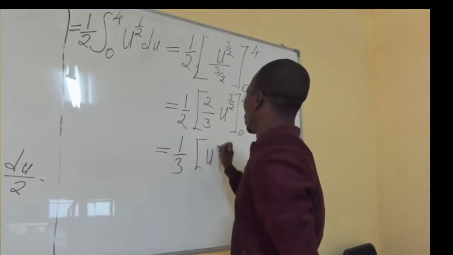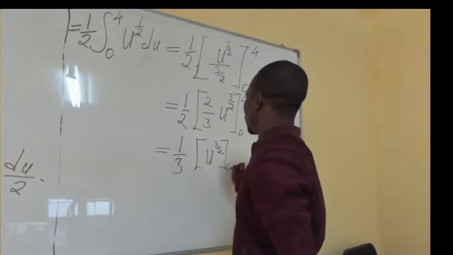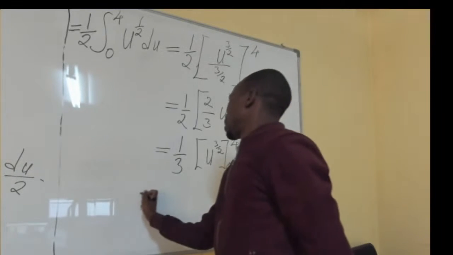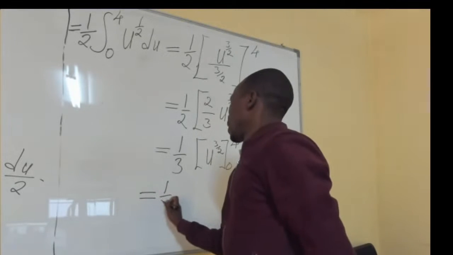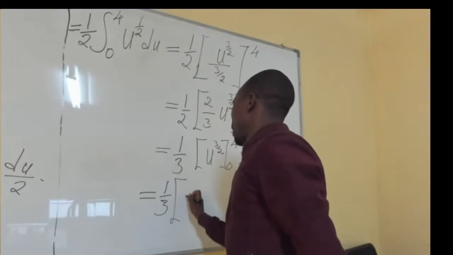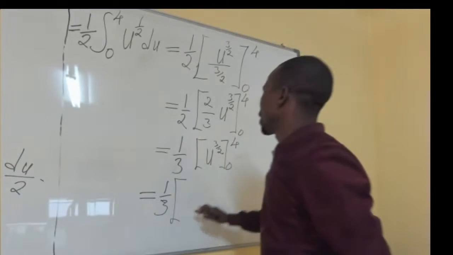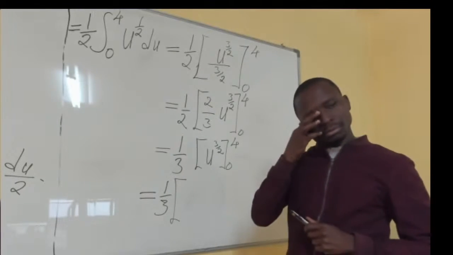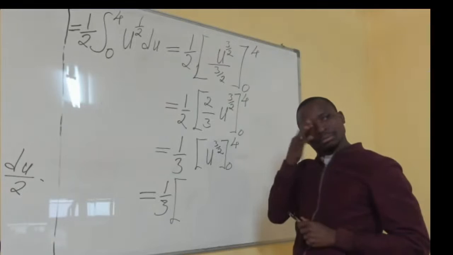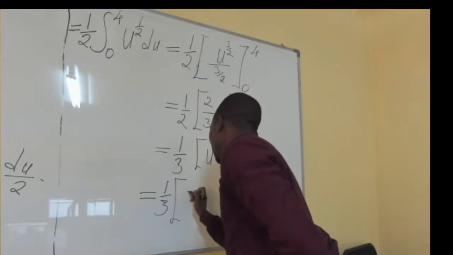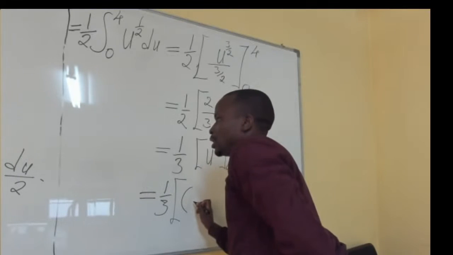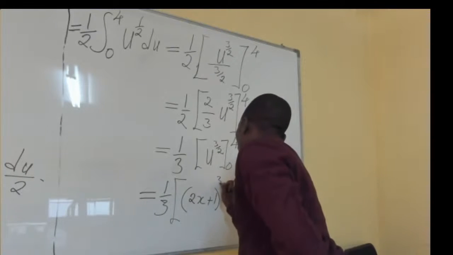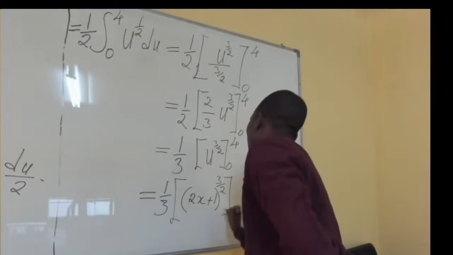Then we have u to the power 3 over 2, from 0 to 4, which is equal to 1 over 3 multiplied by u. Now our u here is 2x plus 1 to the power 3 over 2.